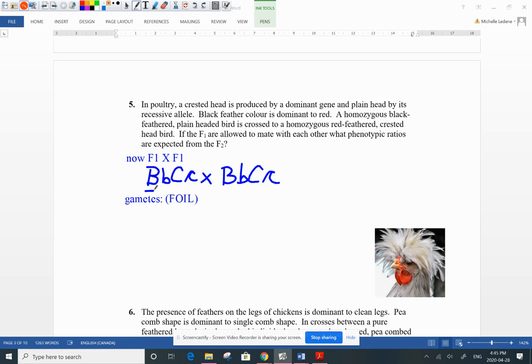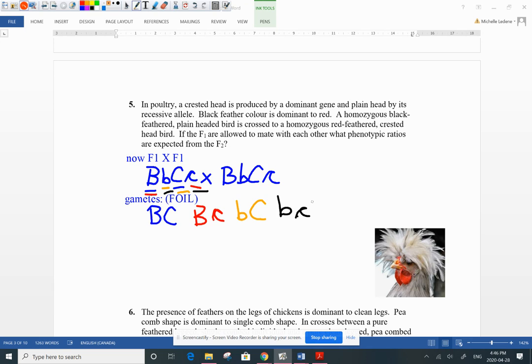Okay, so first, big B, big C. Next up, outside, big B, little c. Next, inside, little b, big C. What's the last pair, letter in each pair? Little b, little c. Okay, so there's our 4 gametes.